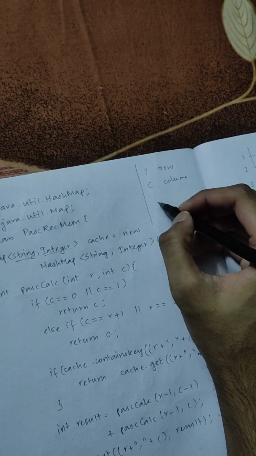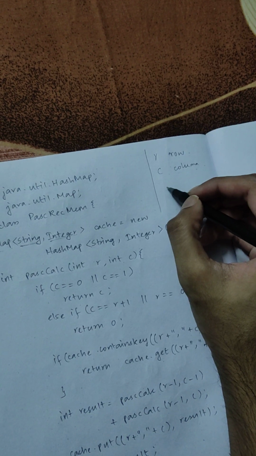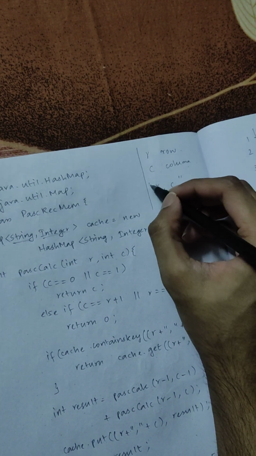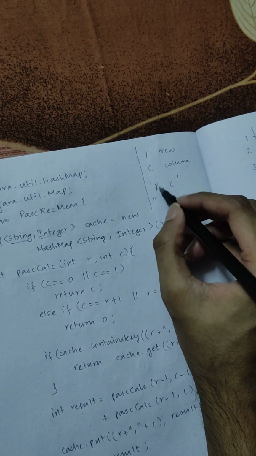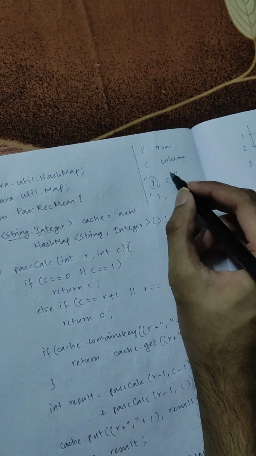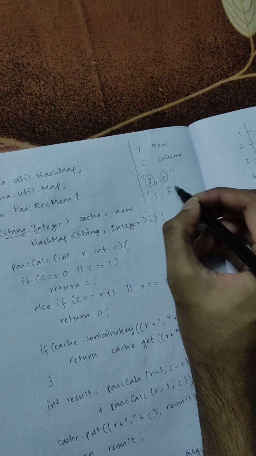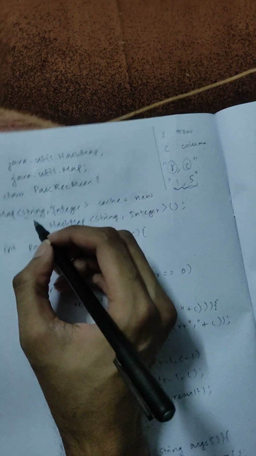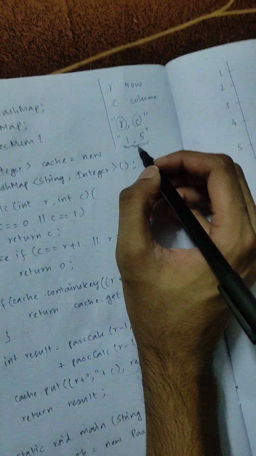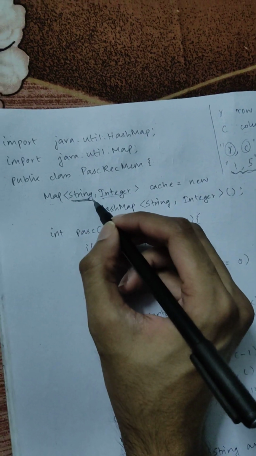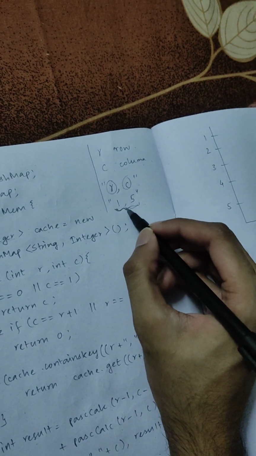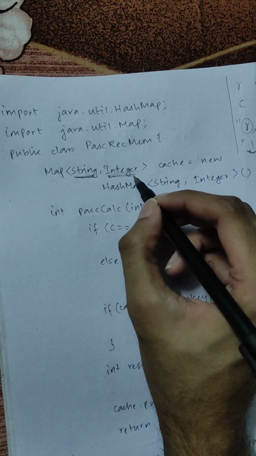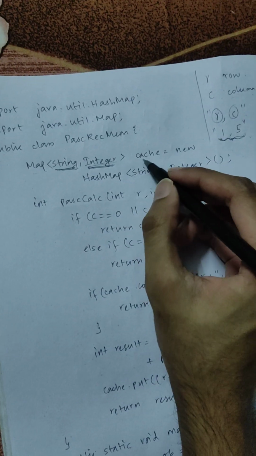So I have implemented it like this: the key will be r comma c. This will be the string. Suppose r is 1 and column is 5, so this will be the key for this string. With this key I want to find the value of this integer basically. So this will be my cache.